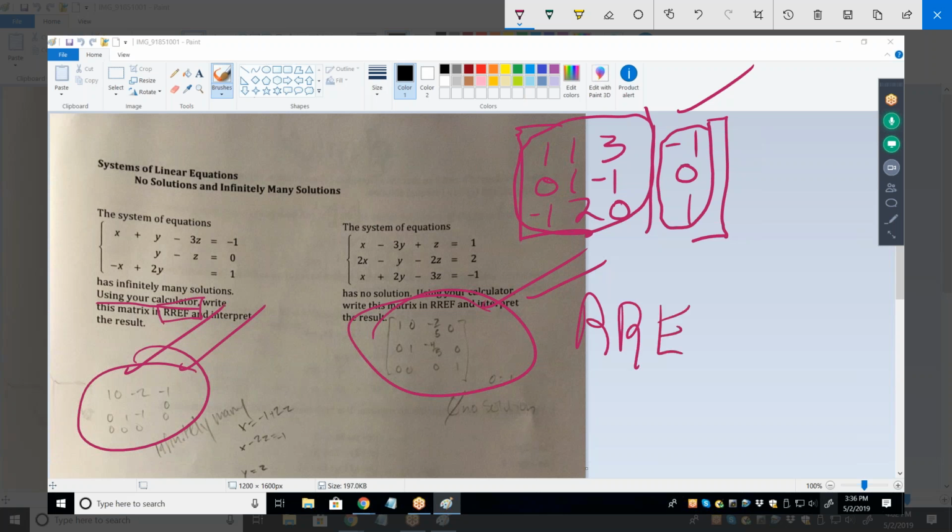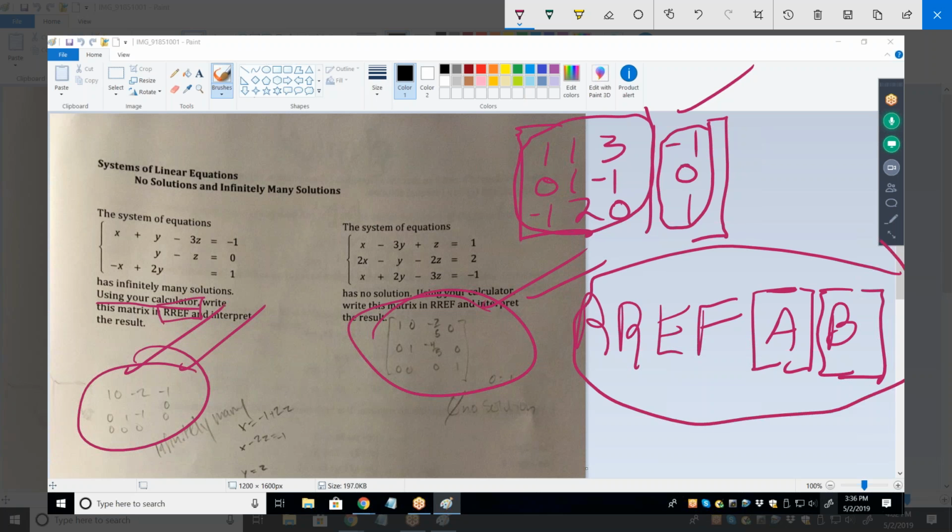It's coming back to me a little bit. And you're inputting reduced echelon between matrix A and matrix B. The command is something like that. But you have to first put in the matrix that's the 3 by 3, and then you have to put in the matrix that is the 3 by 1.